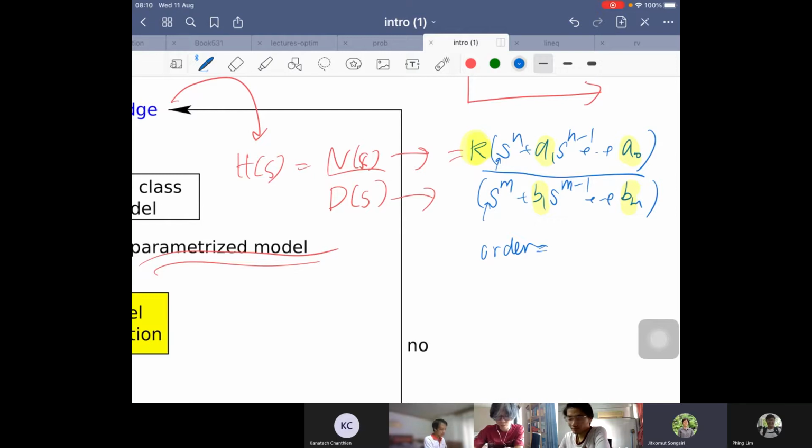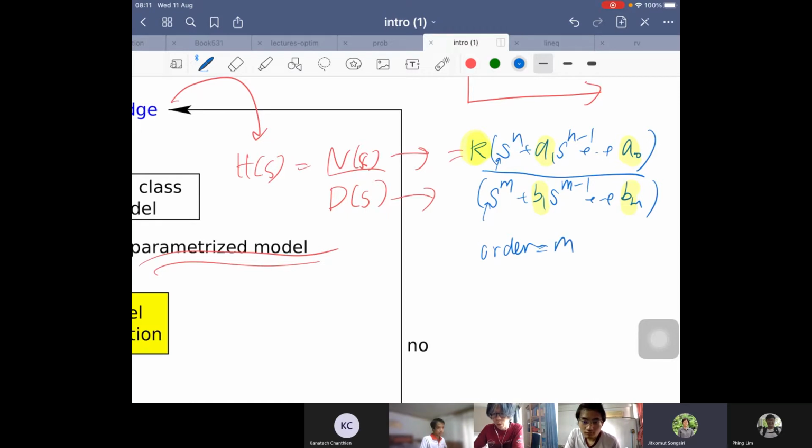If we have a transfer function described like this, we say the model has what order?